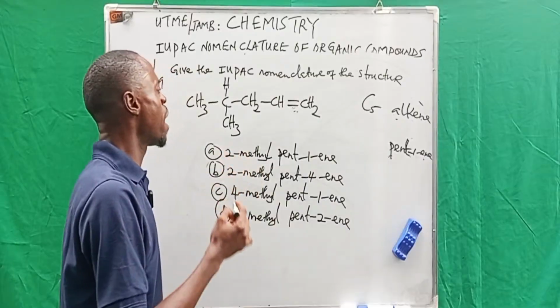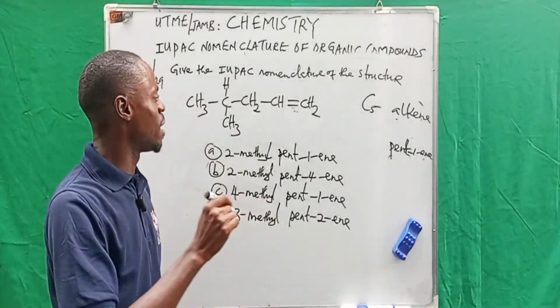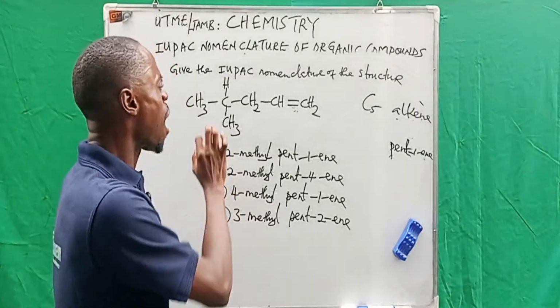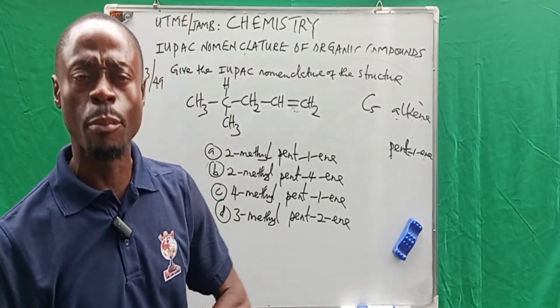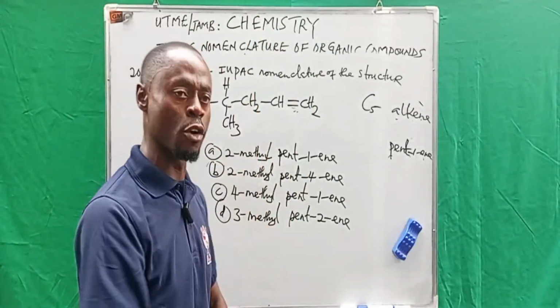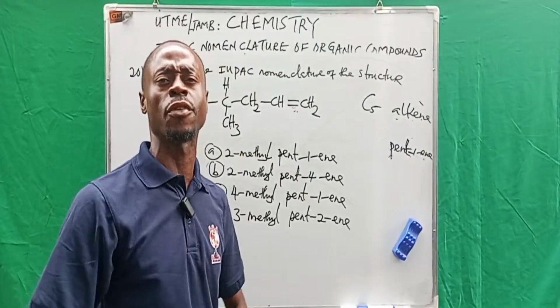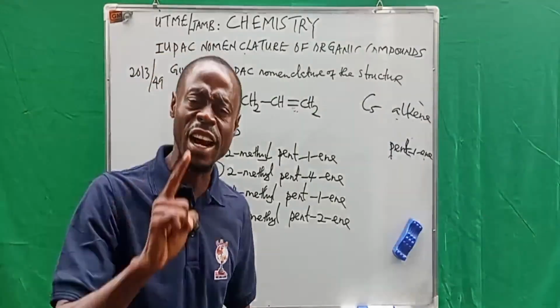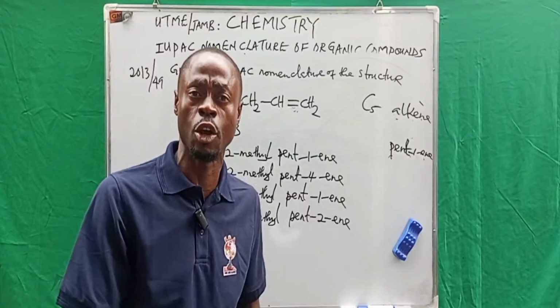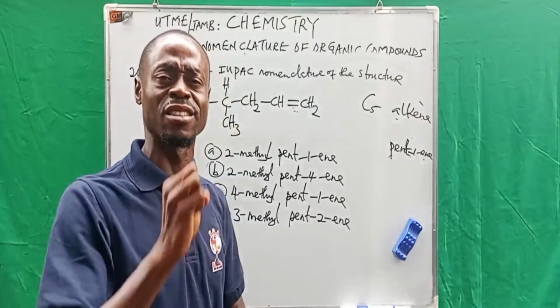Then let's go ahead to locate the branch in this structure, then we name accordingly. Having identified the longest carbon chain, the next thing is to identify the functional group, and the direction at which the functional group is closer to the first or second carbon atom, as the case may be.